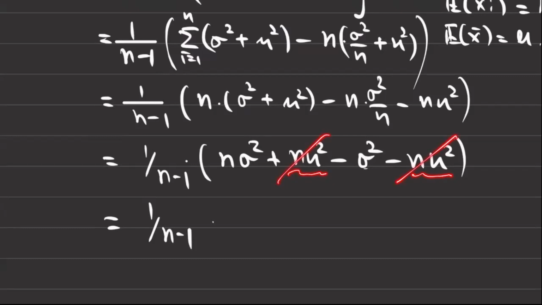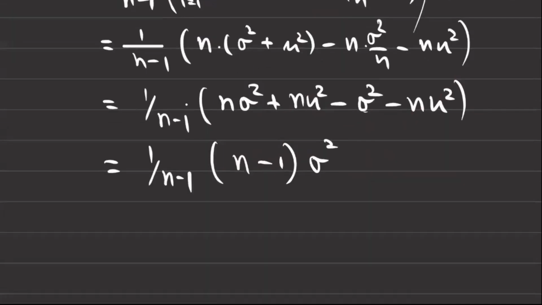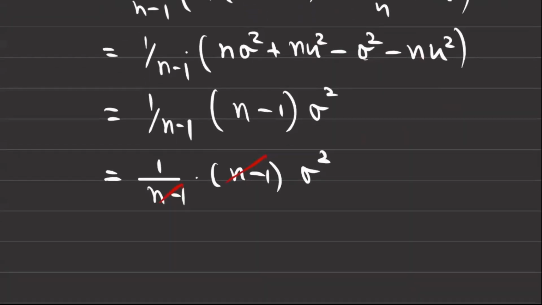So what you have left here is n sigma squared minus sigma squared, and that becomes n minus 1 sigma squared, because you can factor sigma squared out. Now things are going to become very clear, right? So you have 1 over n minus 1 times n minus 1 sigma squared. And these two terms cancel out. And you're left with sigma squared.